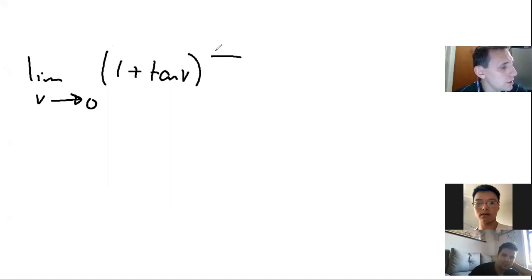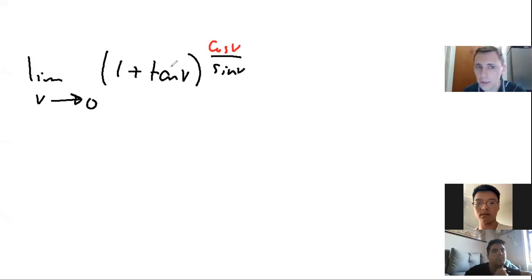What I want to see here is cosine. I see here sine v, and actually what I would like to see on the numerator is cosine of v. Why?